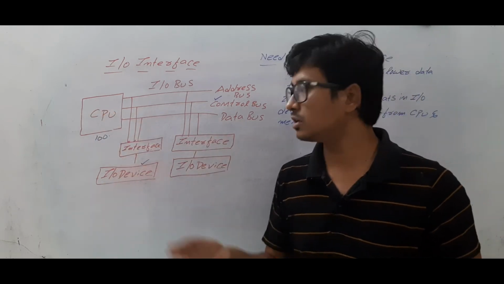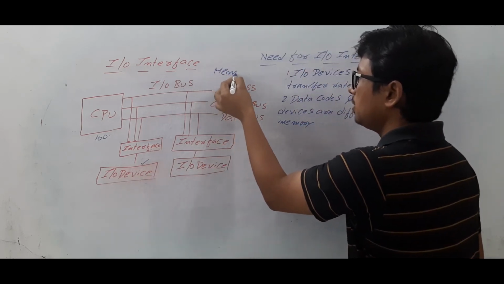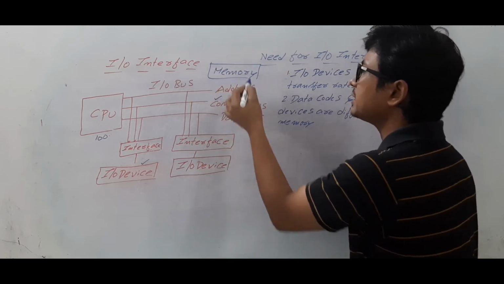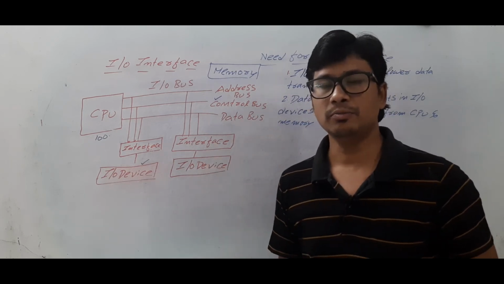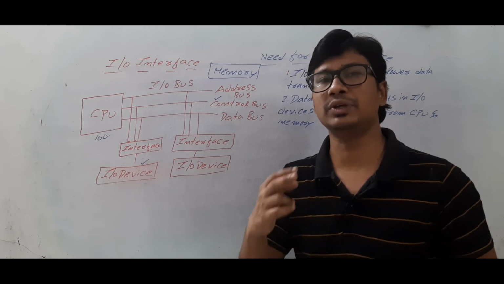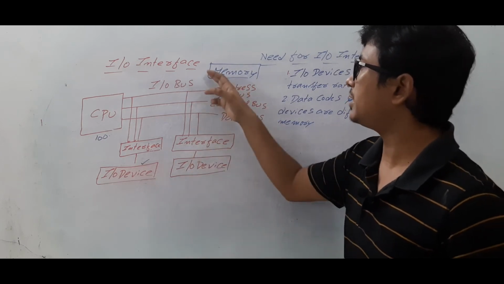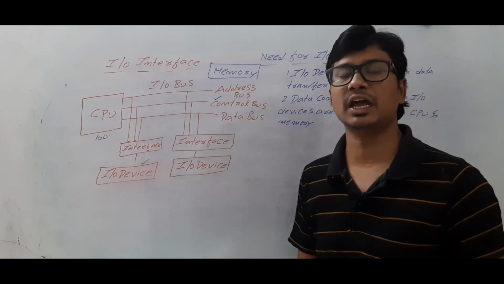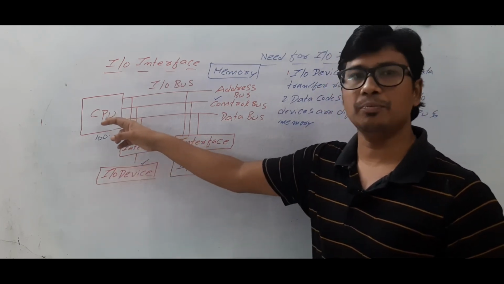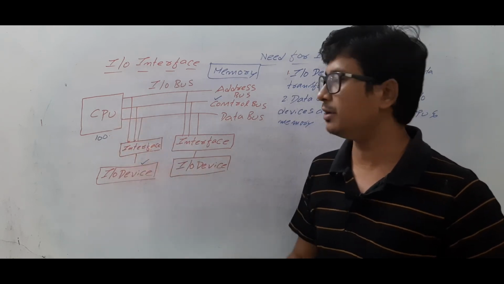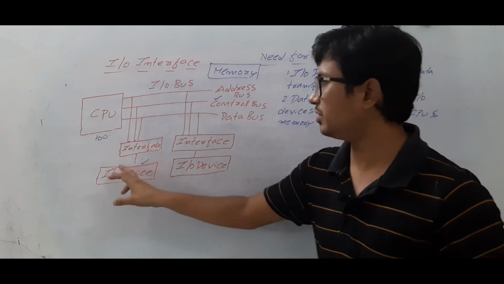And you can ask me, sir, what about between an I/O device and memory? Let's say we have a memory also. How will the communication happen? It can happen with the help of three modes: programmed mode, interrupt driven mode, and direct memory access. In direct memory access, the communication happens directly between the memory and the I/O devices. However, using programmed I/O or interrupt driven I/O, the communication happens between the memory and the I/O device with the help of the CPU.